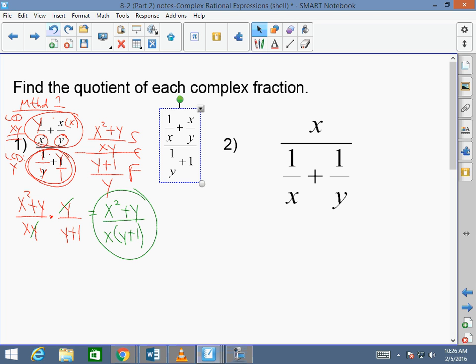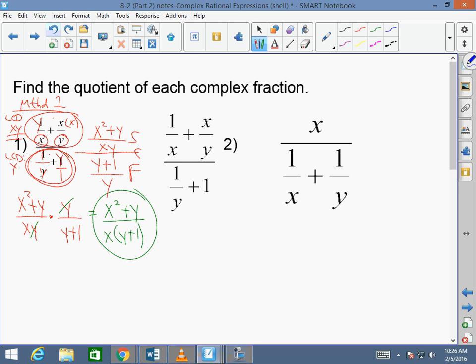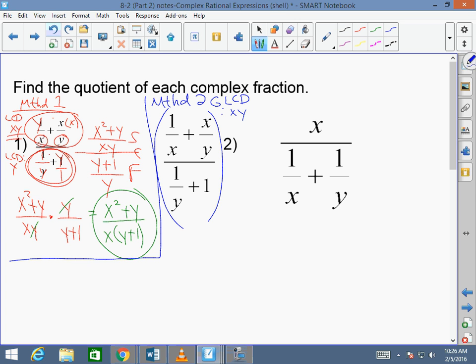Now, let's see what happens here, this guy with method 2. Method 2, I'm going to find the grand LCD. So what's my grand LCD here? XY. I'm going to literally multiply XY to every single fraction that I have here. So what's XY times 1 over X?